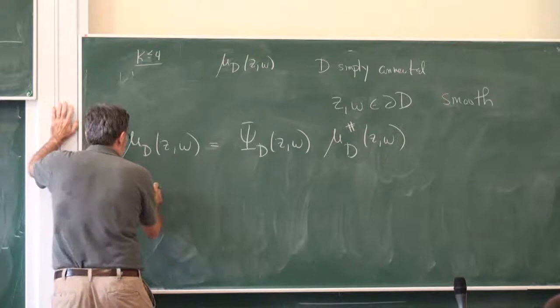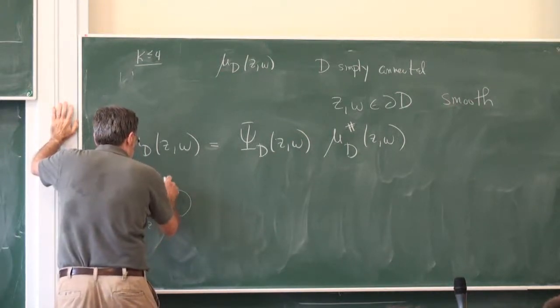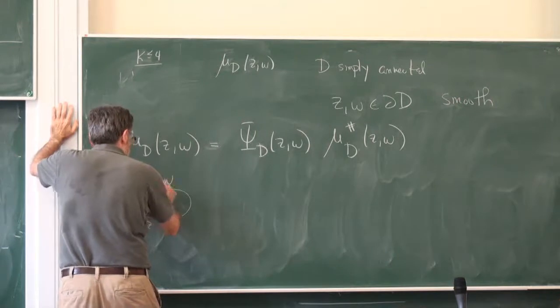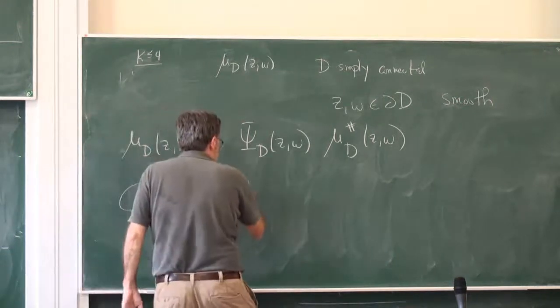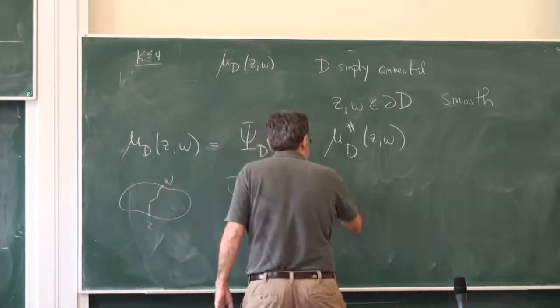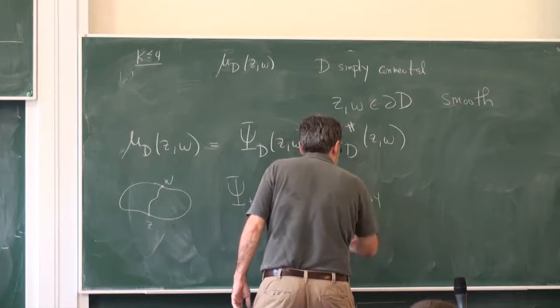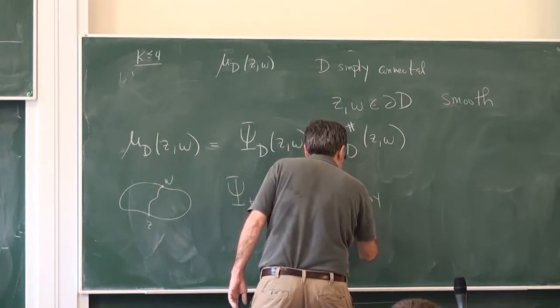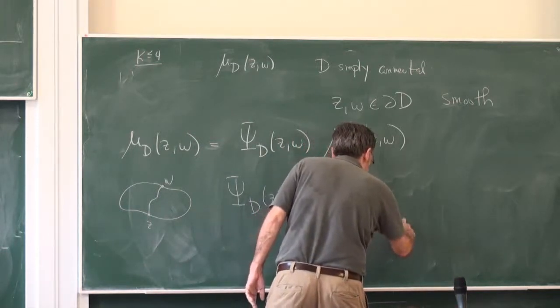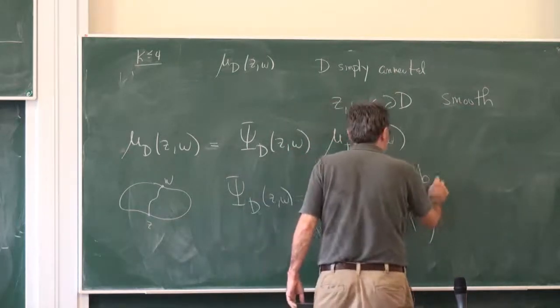But I can actually say what it's going to be. So C_D(z,w) is, well, the boundary Poisson kernel, I'll explain in a second what I mean by that, raised to the bth power.